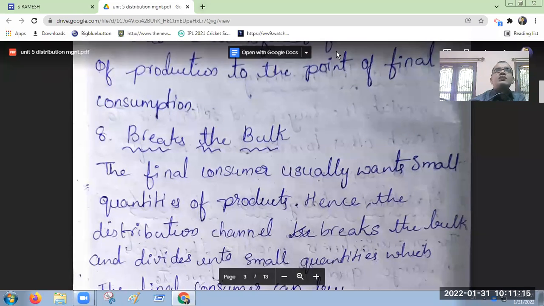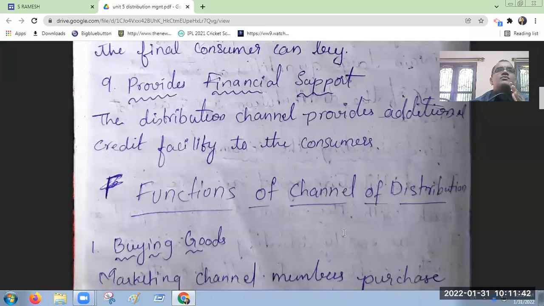They will purchase in a bulk quantity, and they will break it into smaller quantities. That activity is performed by the channels in a proper way. So it is the responsibility of the producer to choose the correct channel, so that bulk is easily divided into smaller compartments, smaller units.